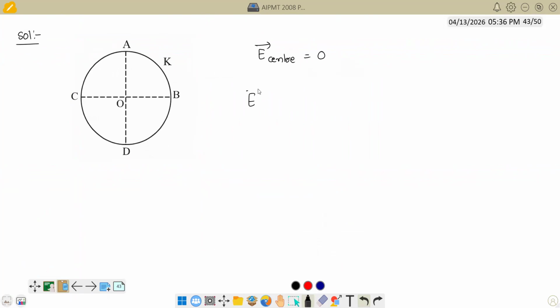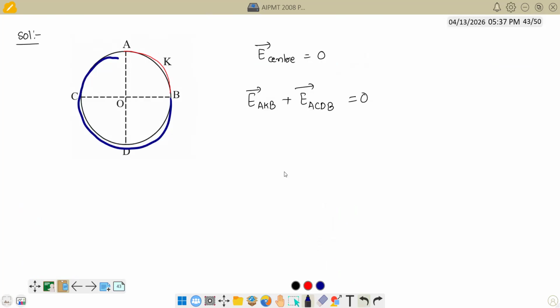That means the electric field due to AKB plus the electric field due to ACDB must be zero. The electric field due to this part and the electric field due to the entire remaining part together must be equal to zero.